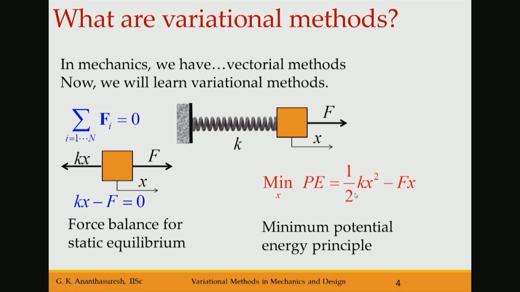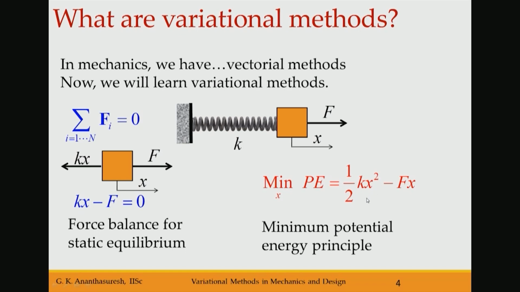If you see half kx square minus Fx, which is the potential energy, if I want to minimize it, then I have to make the gradient or the derivative of this, that is dPe by dx, equal to 0. If I do that, let us take the derivative. dPe by dx is the derivative of potential energy.